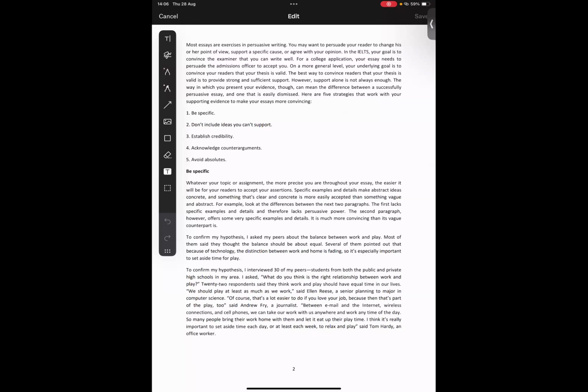So in a nutshell, if you make your support specific enough, meaning you use the precise term, you don't use terms that could have multiple meanings or be interpreted into many different things.